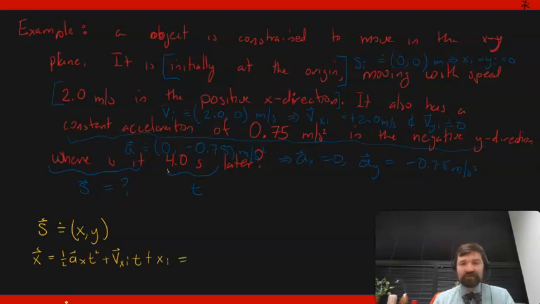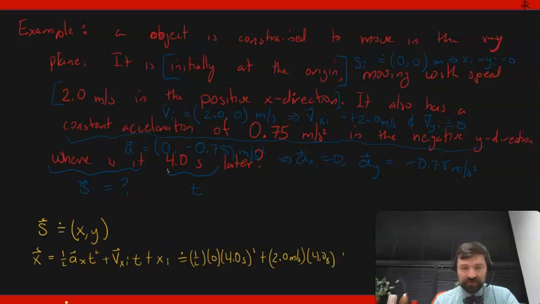If we plug in the numbers from above, we get 1/2 times 0 times 4.0 seconds squared, plus 2.0 meters per second times 4 seconds, plus 0 meters. That gives us a final x position of 8.0 meters.